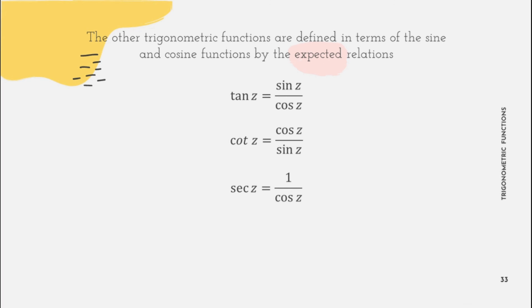The other trigonometric functions are defined in terms of the sine and cosine functions by the expected relations. The functions are tan z is equal to sine z over cosine z, cotan z is equal to cosine z over sine z, and secant z is equal to 1 over cosine z.